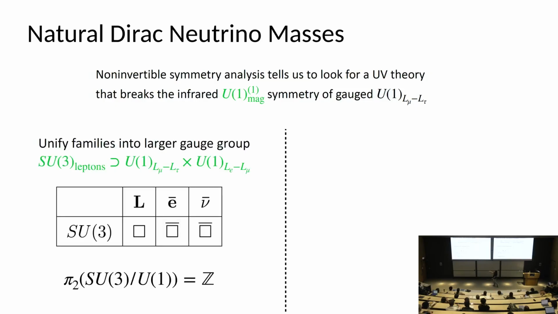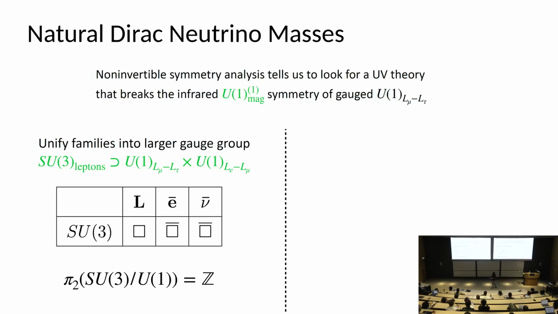But the very nice thing to do, it turns out, is to unify the three families of leptons into a non-abelian gauge theory of lepton flavor, and just put each of the leptons into the fundamental, or anti-fundamental, of course, of SU3. And that does introduce 't Hooft-Polyakov monopoles for L mu minus L tau.